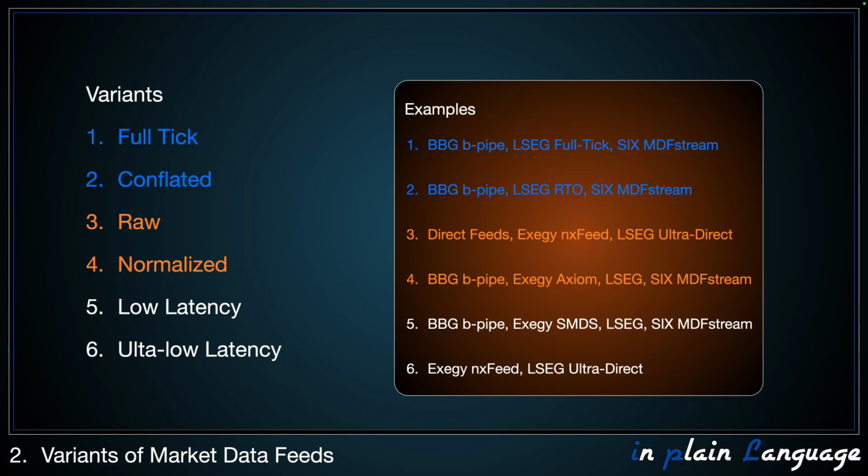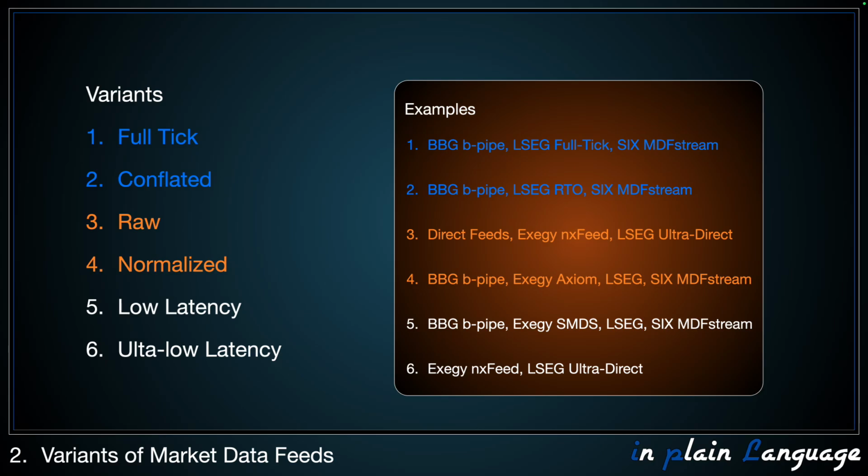Conflated feed examples are, again, Bloomberg bpipe, although you would explicitly have to ask them for a conflated version, LSEG real-time optimized or RTO, as well as 6MDF stream. Again, not sure if Exegy provides conflated feed options.